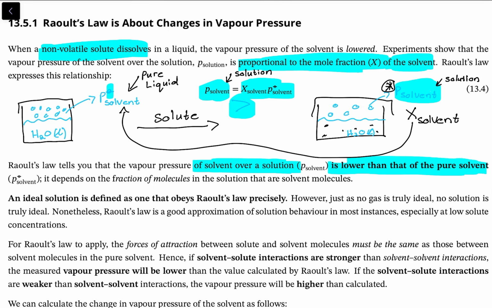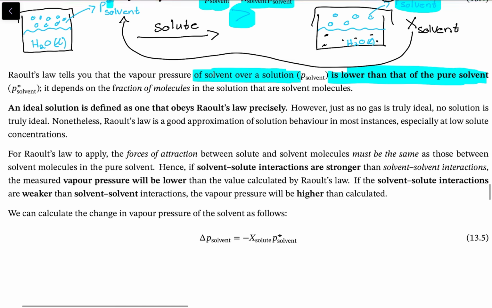Okay, some interesting facts now that we can discuss. What we call an ideal solution is one that obeys this law precisely. So what is an ideal solution? Anything that basically doesn't have too many forces of attraction between the solvent and the solute.